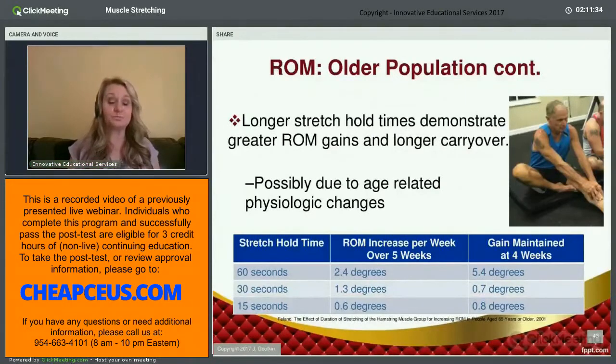One particular study looked at performing straight leg raise stretching in individuals between 75 and 90 years old. They had a 62 participant cohort, which I thought was great, to find 75 to 90-year-olds, 62 of them, to participate in a 5 times a week stretching program for 6 weeks, where they performed their straight leg raise stretch with 15, 30, or 60-second holds.